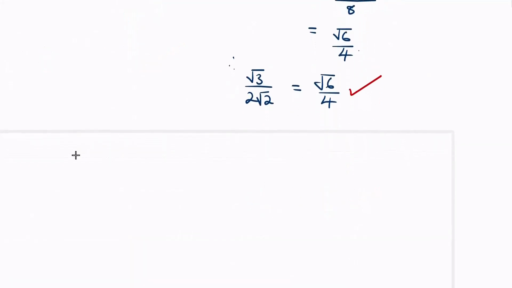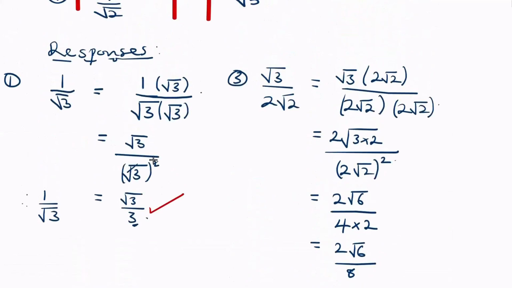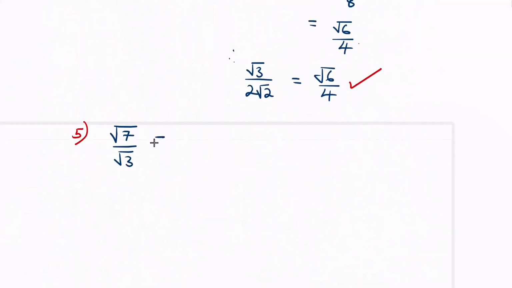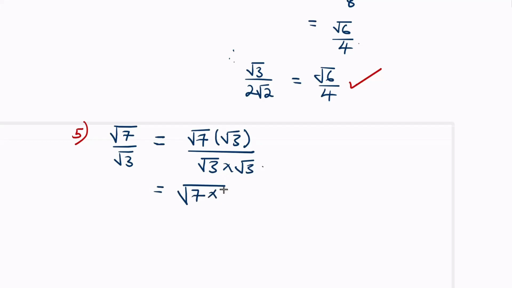We can now move to number 5. Number 5, we have root 7 divided by root 3. You can cross check, it's here. So this is the same as the root 7 multiplied by the denominator, which is root 3, divided by root 3 multiplied by root 3 itself. This is the same as the root 7 multiplied by root 3, divided by root 3 squared.